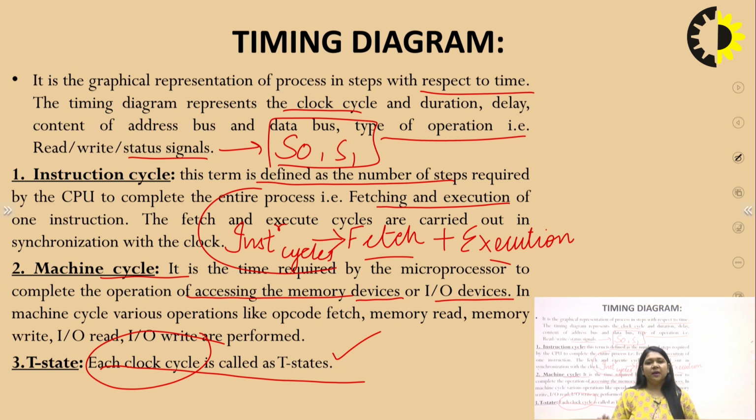Memory read and memory write will have 3 T states. Similarly, input output read, IOR, and IOW, input output write, will all have 3 T states. Only the opcode fetch requires 4 T states; all the other 4 machine cycles require 3 T states. We have to remember that the 5 machine cycles have different T states.